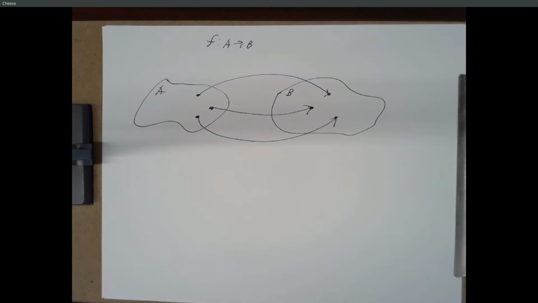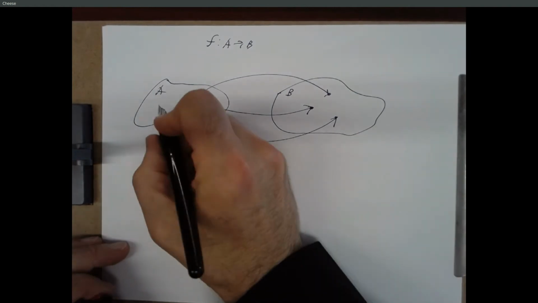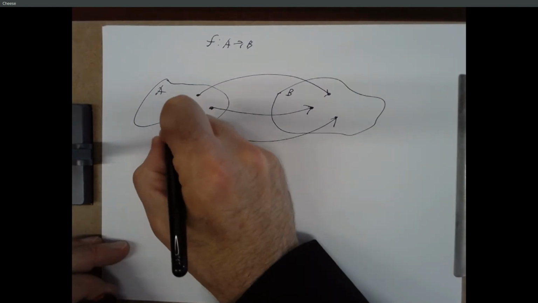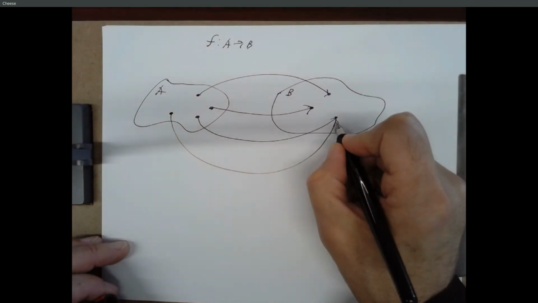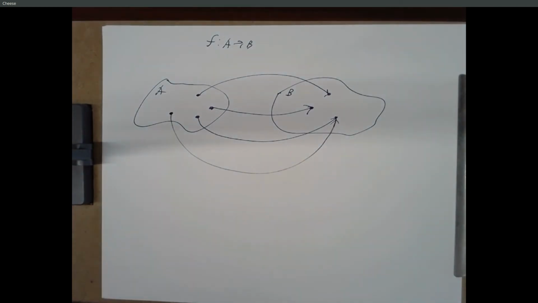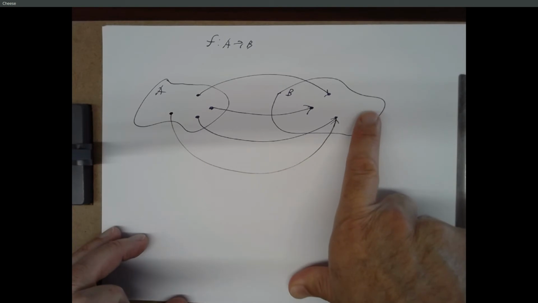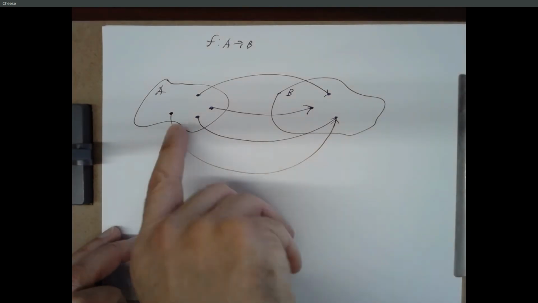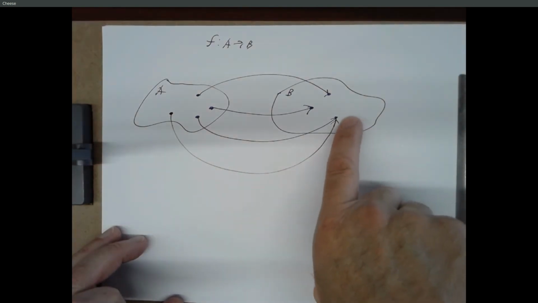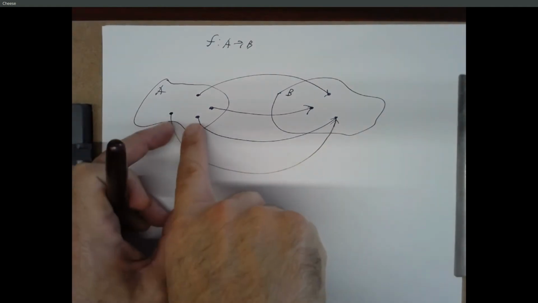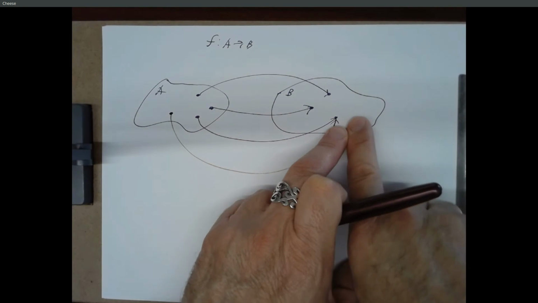Or is it the case that sometimes we find two or more points in A that map to the same point in B? Now this is still a function whether this line is here or it maps somewhere else. Right, as long as with each thing over here we associate something over here and only one thing. But this is a fundamentally different type of function when we have two things mapping to the same value over here.